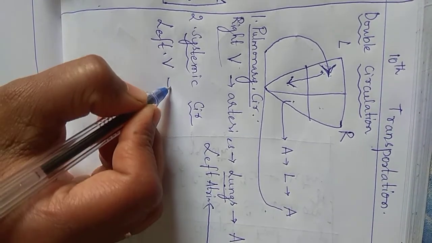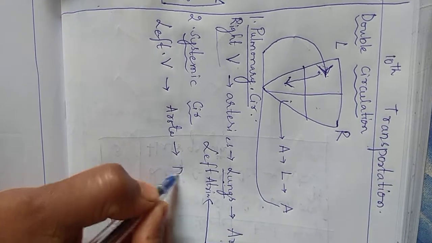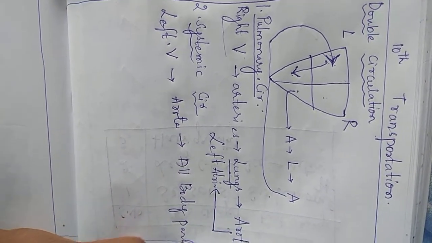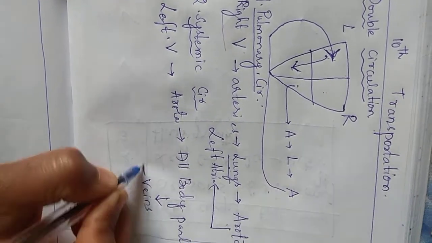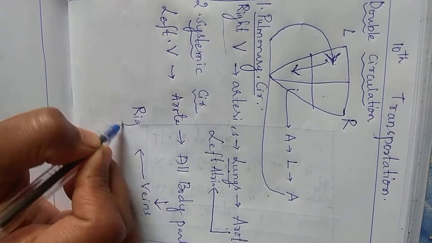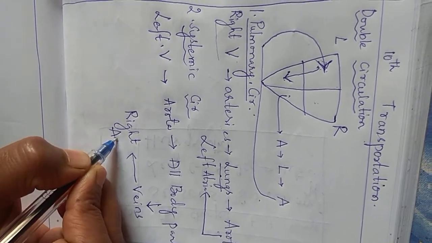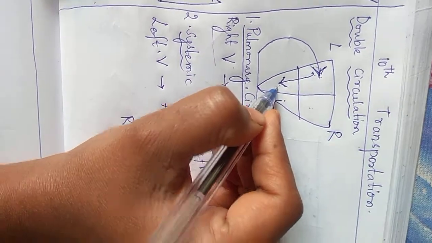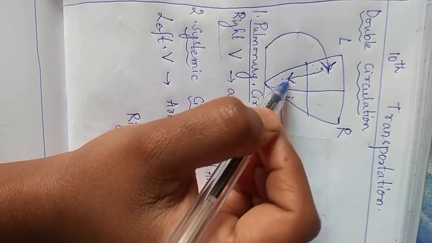From there it enters into aorta, and it enters into all the body parts, and then it enters into veins, and veins will carry this blood to the right atrium or right auricle. Okay, from left auricle, blood has reached the left ventricle.